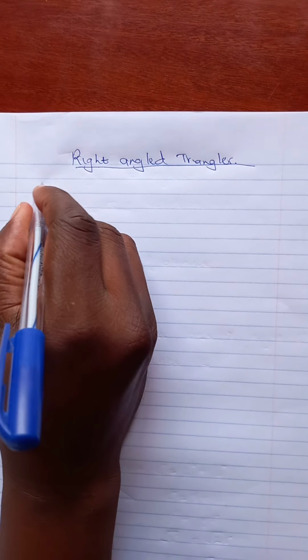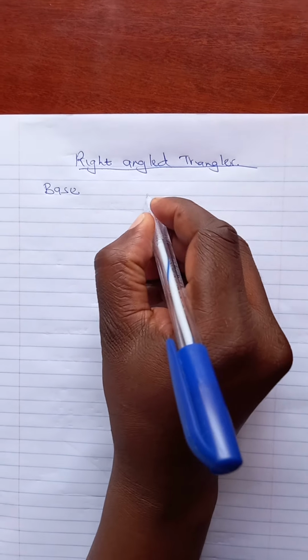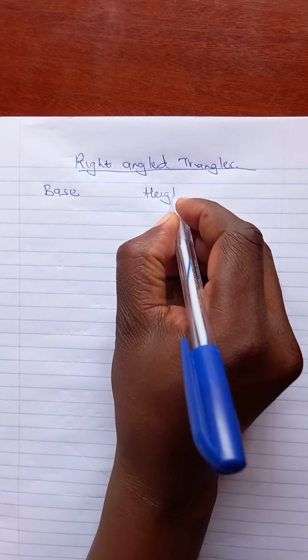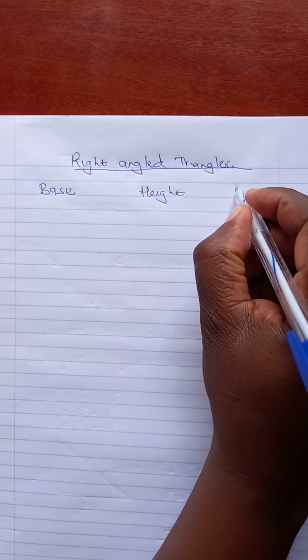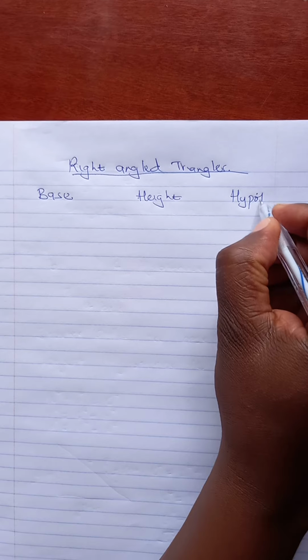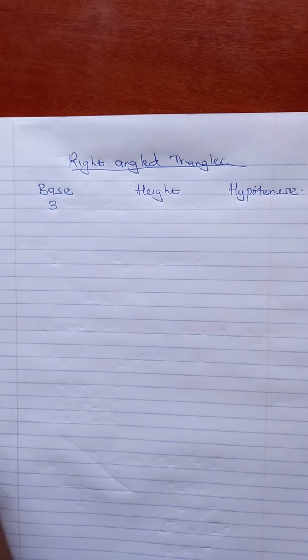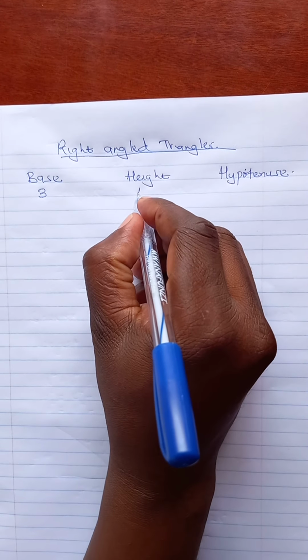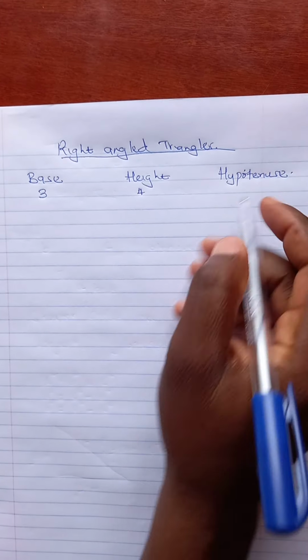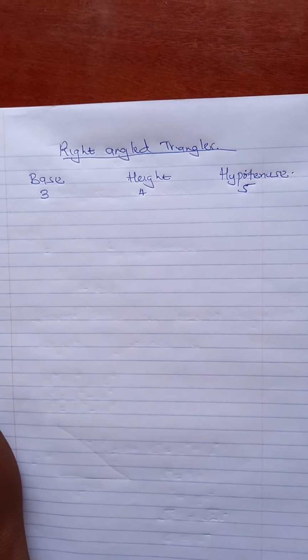We shall have our base here, we shall have our height, and we shall have our hypotenuse, the longest side. So the first one you have done was 3 centimeters as base. The two shorter sides are 3 and 4. The hypotenuse will be 5.